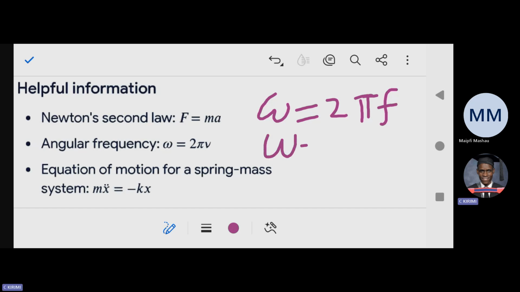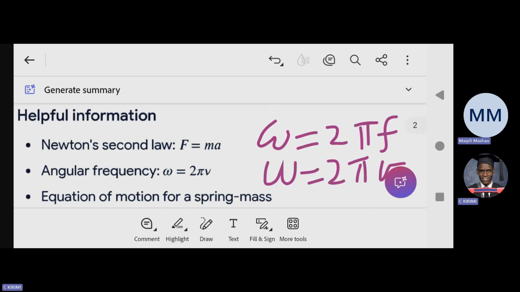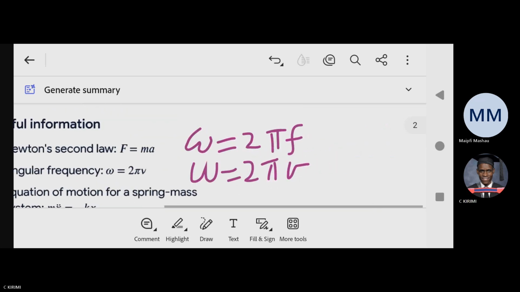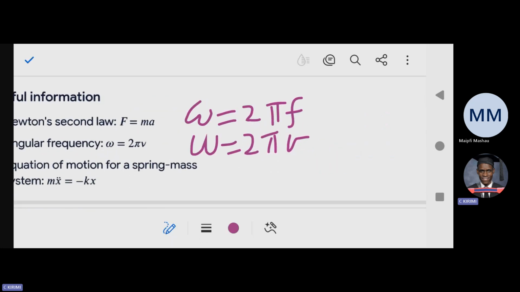But if you are using those Greek symbols, that mu, which looks like V, it's 2 pi mu. It's still the same. That is not velocity, it's frequency, the Greek letter symbol mu for frequency. Some books write omega is equal to 2 pi F, and some books write omega is equal to 2 pi multiplied by mu.